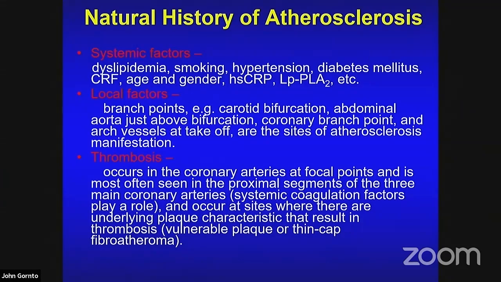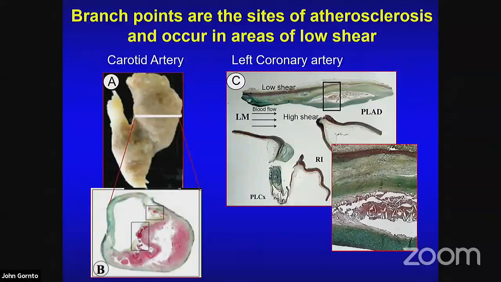So we all know the natural history of atherosclerosis. I think we've learned it in medical school, and all of us know that it makes a difference. What are the systemic factors? What are the local factors? And thrombosis. So I'm going to concentrate, where does atherosclerosis occur? It essentially occurs near branch points. It is not a random disease. When people think about it, they think about random.